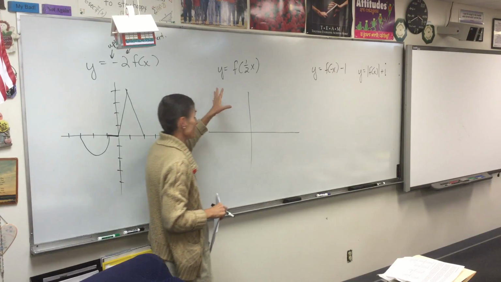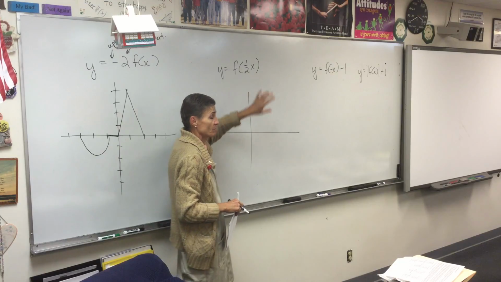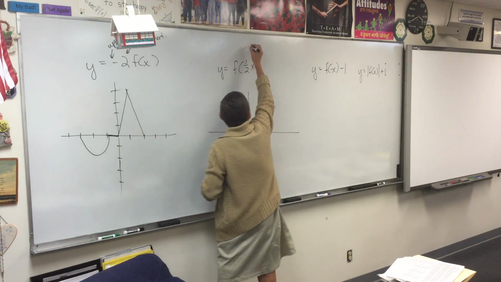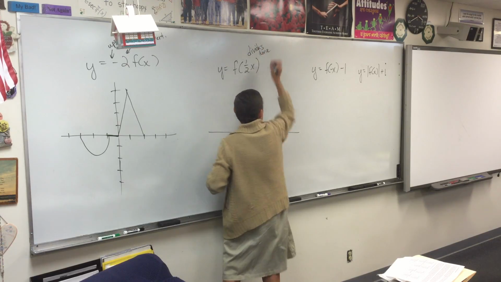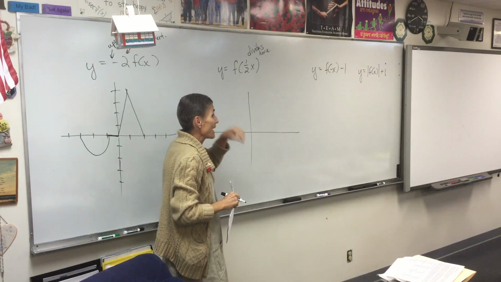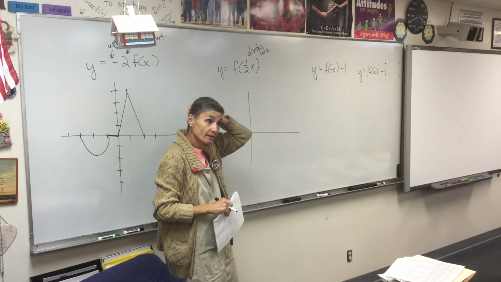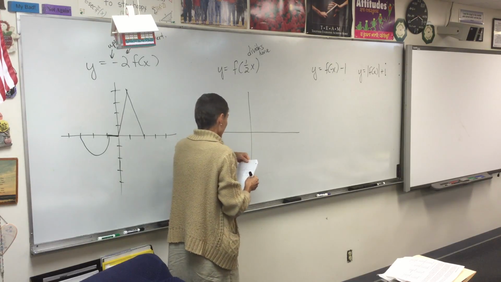All right, this one only has one thing. What is happening in this picture? It's going to be twice as wide. This number divides the horizontal, kids, and dividing by 1/2 is the same as timesing by 2. So it's going to be twice as wide.